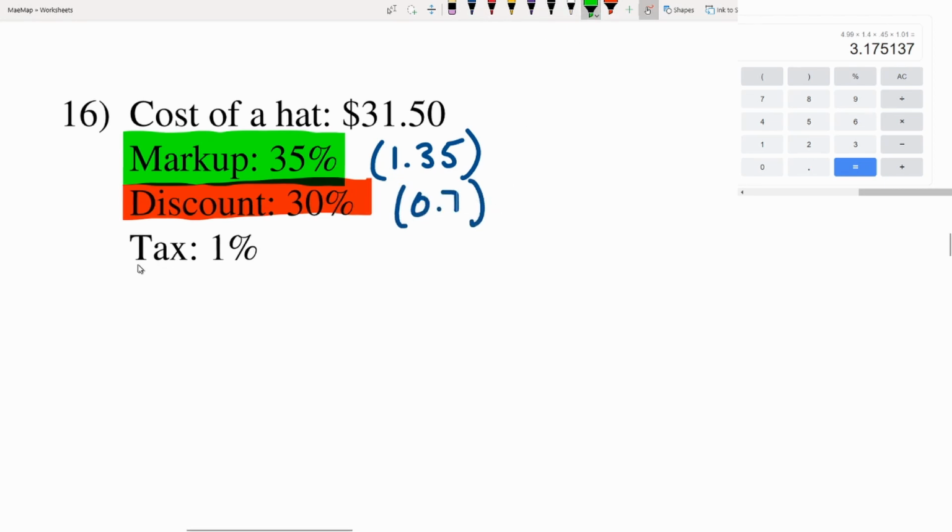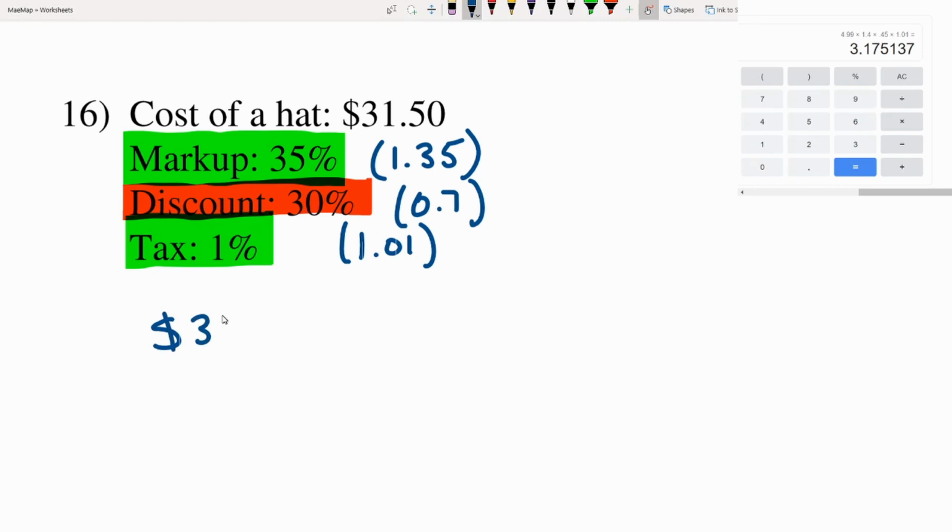And then that will all get multiplied to our tax, added to 1, which is 1.01. So we'll have $31.50 times 1.35 to take into account the markup, and then we're going to multiply that by 0.7 to discount that new marked up price, and then we're going to tax that new discounted marked up price by 1%.